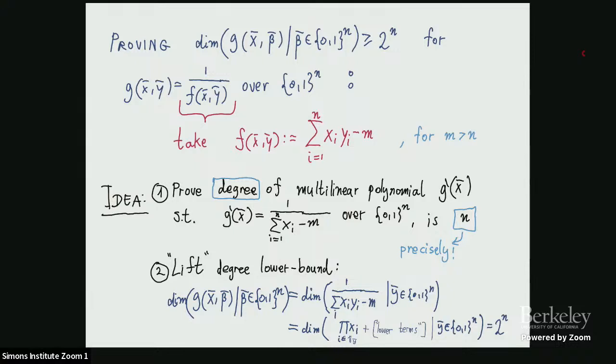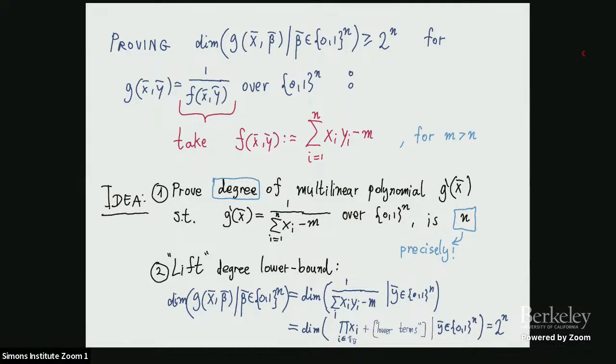And these are some partial sums of the n variables. But we just show that these must have, as multilinear polynomials, maximal degree. So if x1, x2, x3 survive, it must be that the monomial x1 times x2 times x3 is here.